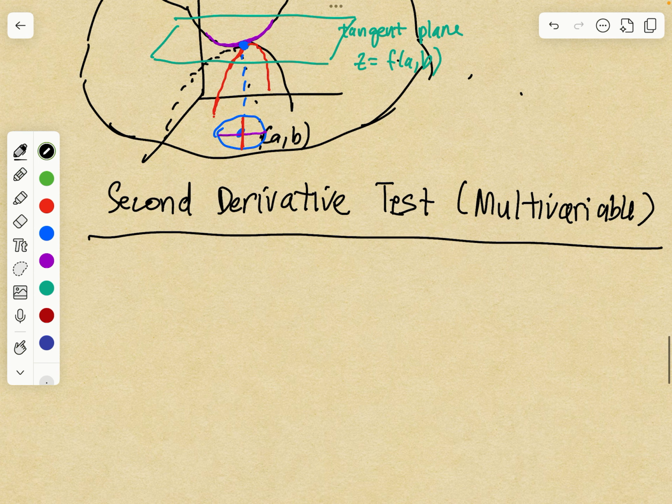I'm just going to say what it is and not explain in this video why it's true. In another video, I'll give an explanation of why it's true. But to understand why it's true, you need to know about linear algebra, and actually more linear algebra than is usually taught in a first semester linear algebra class. You have to know about something called positive definite matrices.